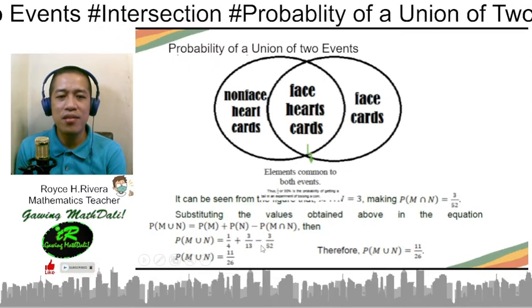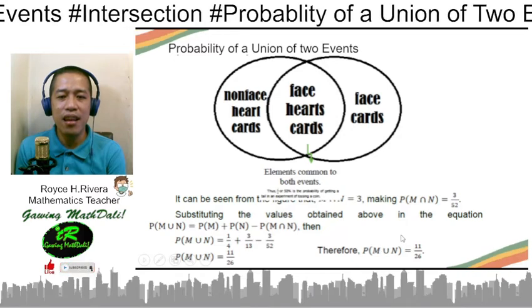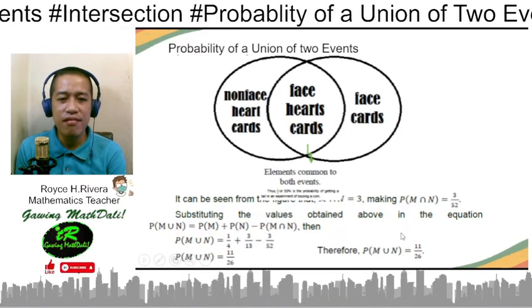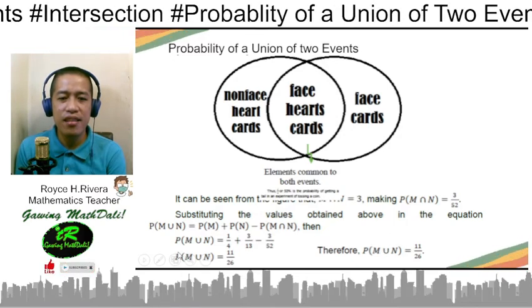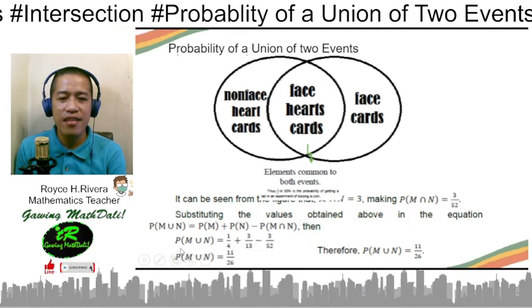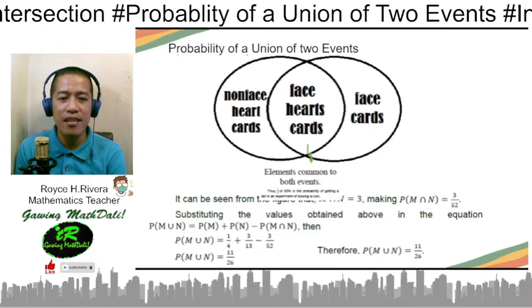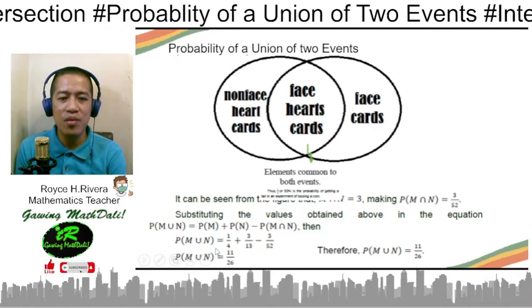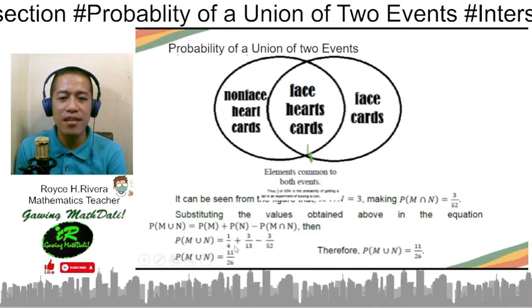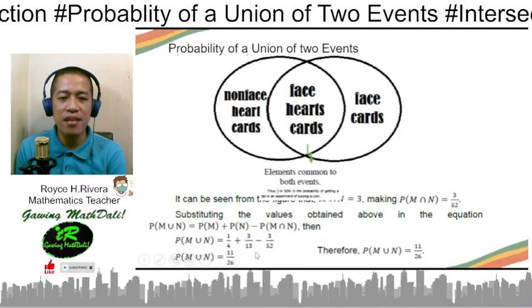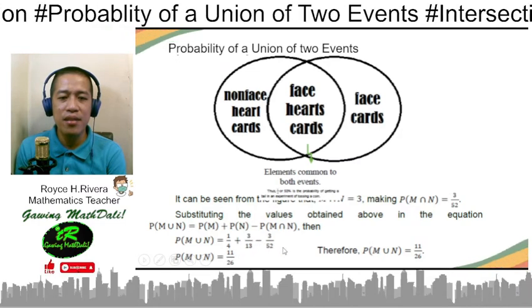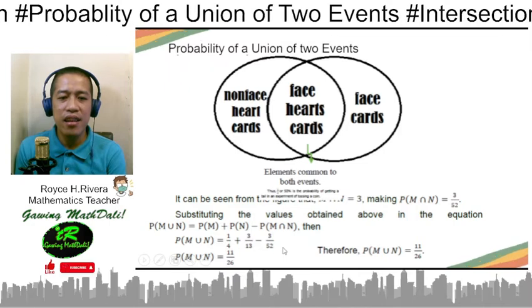We now substitute the values obtained in the equation. Then, we will have P of M union N is equal to 1 over 4 plus 3 over 13 minus 3 over 52.